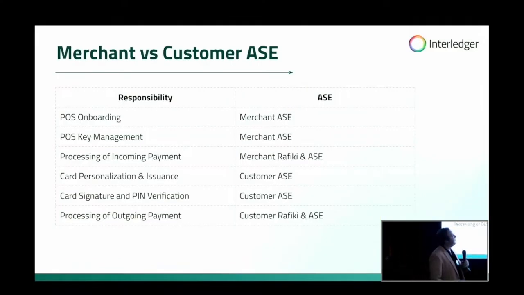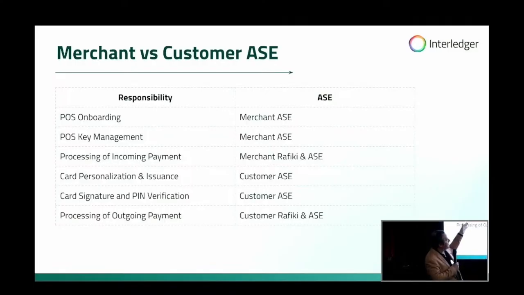Next slide. Okay, so in the world of the ASEs, there are the responsibilities of the merchant ASE and the customer ASE. The first thing is the POS device, right? The POS onboarding will be all the responsibility of the ASE, as well as the key management. In order to make the POS devices secure, we need to be able to load keys and those types of things. It is not managed within Rafiki.